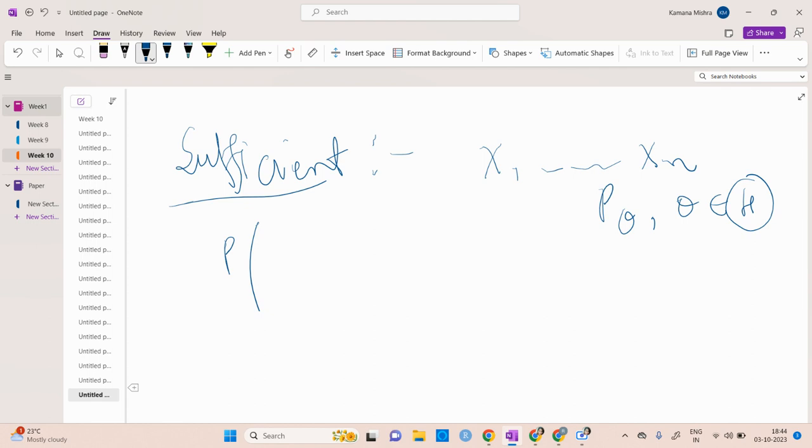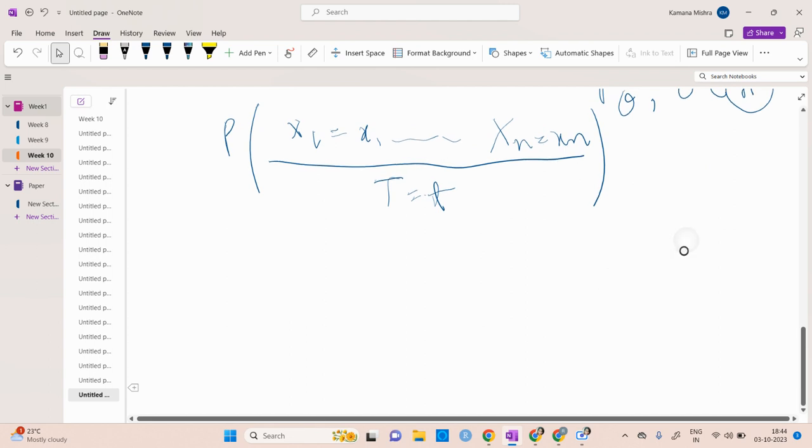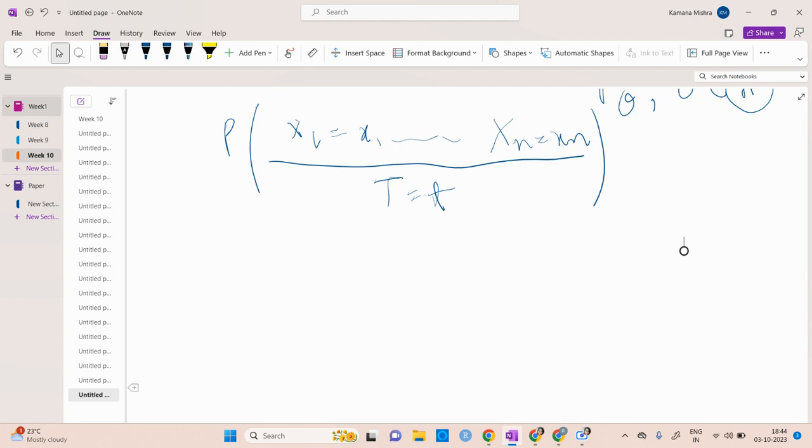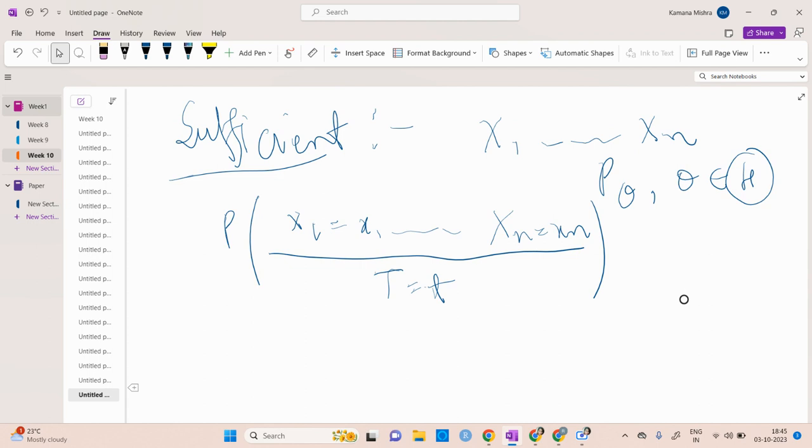Okay. So then, if we take the conditional distribution, X1 equal to x1 up to Xn equal to xn, divided by T equal to t, then we say this is independent of theta for almost all t. So this needs to be independent of theta.